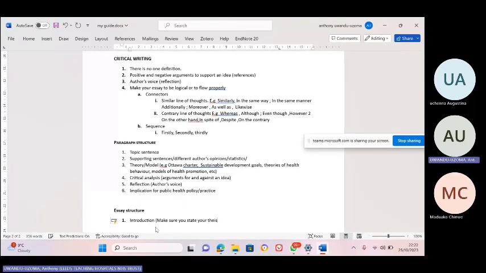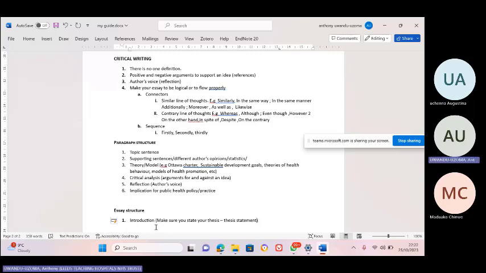It is called a thesis statement. What is a thesis statement? It means the main answer to the question, the topic of the essay.